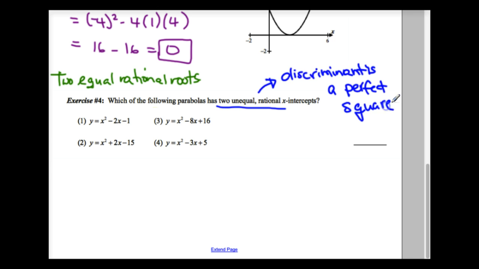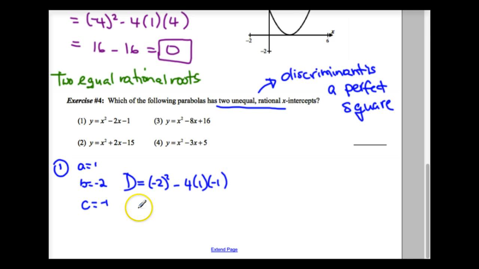So all we have to do is test these out. Let's do choice 1. Choice 1, my A is 1, my B is -2, and my C is -1. So my discriminant is equal to -2 squared minus 4 times 1 times -1. This becomes 4 take away -4. This is 8. 8 is not a perfect square, so choice 1 is out.